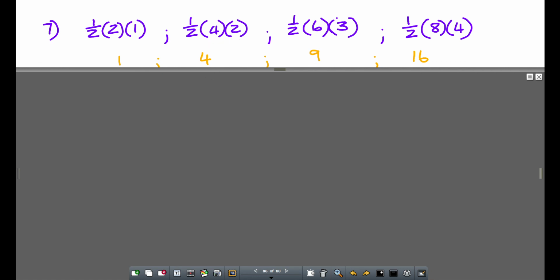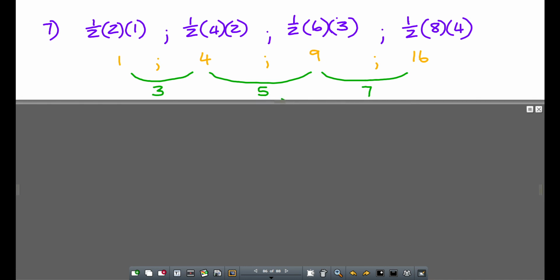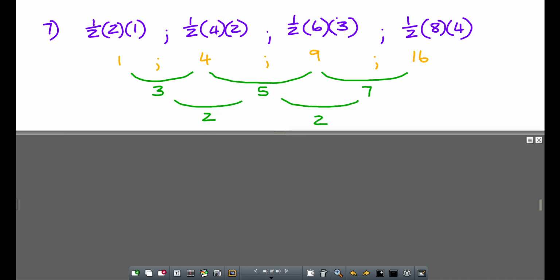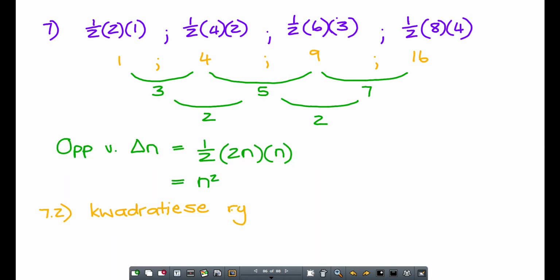So can you see I just simplified what I had there? Because when I did that, I could see that the first difference here was 3, 5, and 7, which is not the same. But if I went to second difference, then we're actually going to have the same thing. And because second difference is the same, wat 'n soort is hy? 'n Kwadratiese.